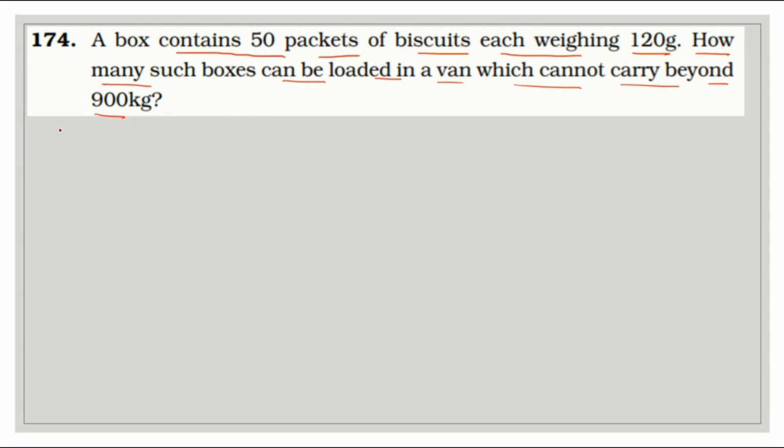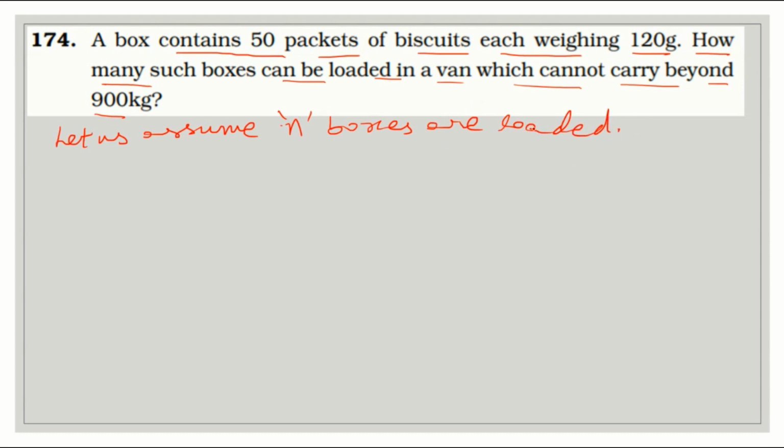Students, to solve this, let us assume n boxes are loaded.